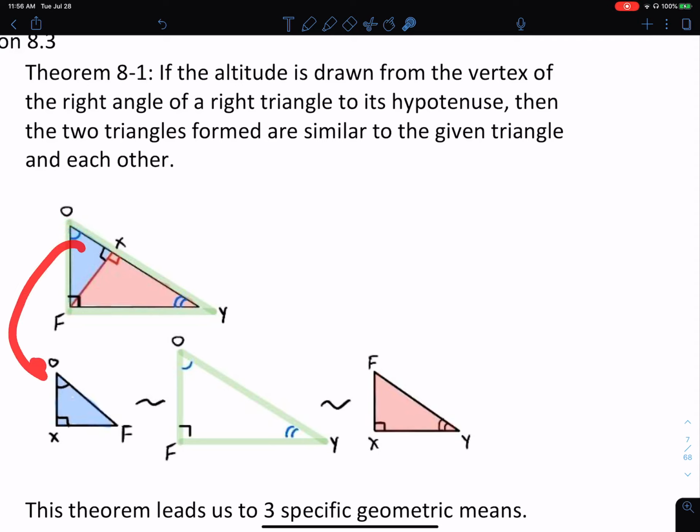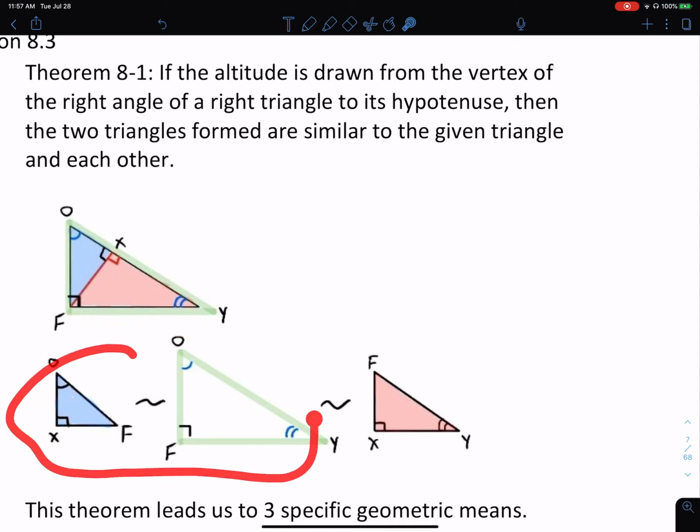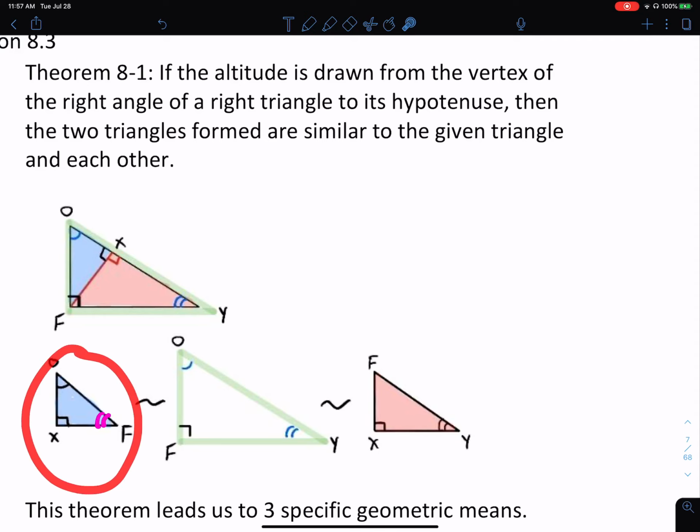If I redraw that down here so that the orientation is the same, where the one arc is at the top and the 90 is at the bottom left, these two triangles have to be similar by the angle-angle similarity, which means in turn that the third angles have to be the same. So angle F in this triangle, which is angle OFX, has to be two arcs.